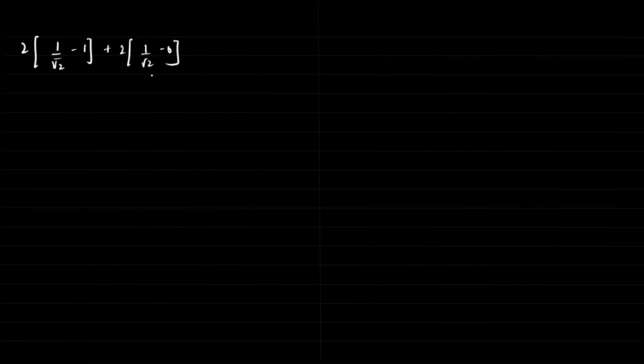I hope it's clear. Now when I simplify this, you will be getting 2 over square root of 2 minus 2 plus 2 over square root of 2, and here 0 can be ignored. Now when you add, you will be getting 4 over square root of 2 minus 2.